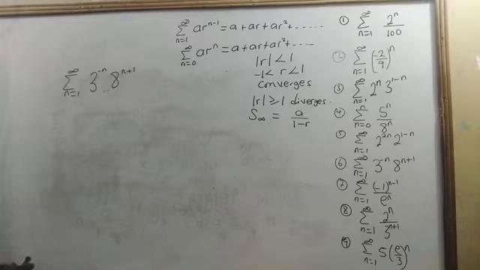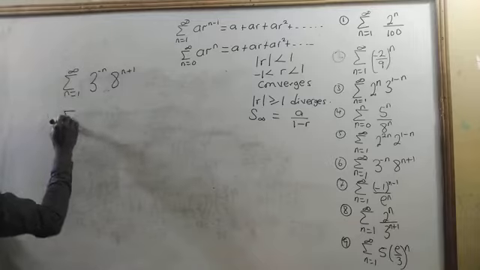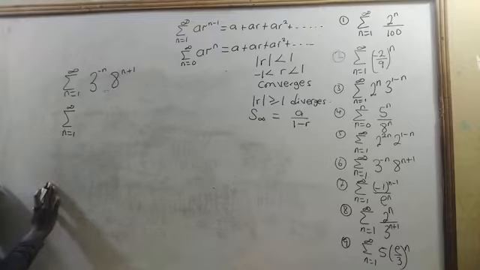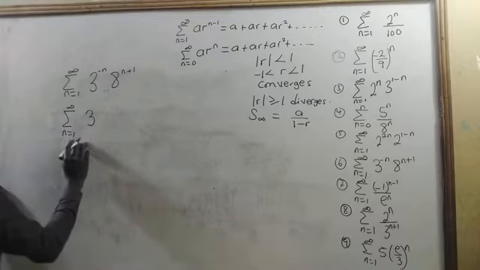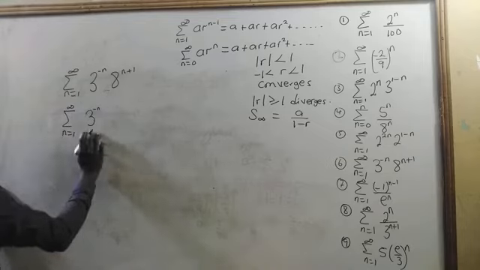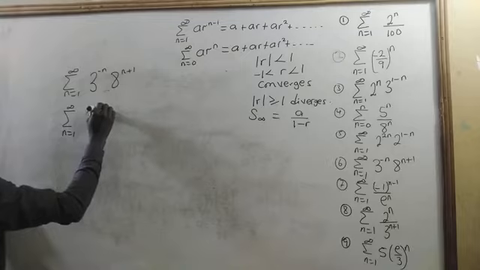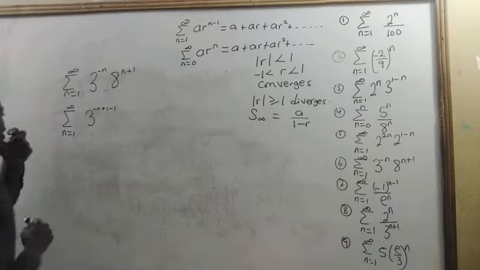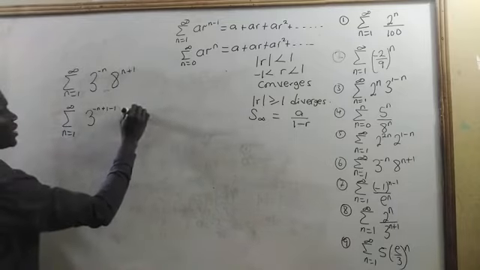So here, we can do it this way, by writing this as summation n equal to 1 up to infinity. We will take 3 exponent negative n, let's add plus 1 minus 1. Okay, and then we have this one, right? So we take 8 exponent n plus 1.